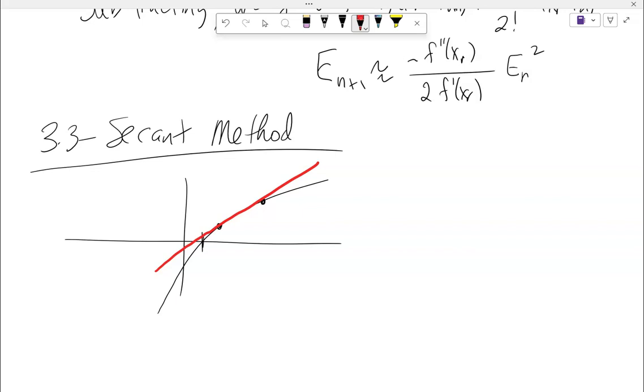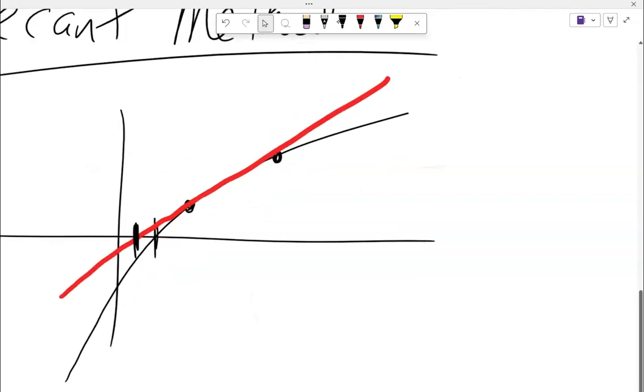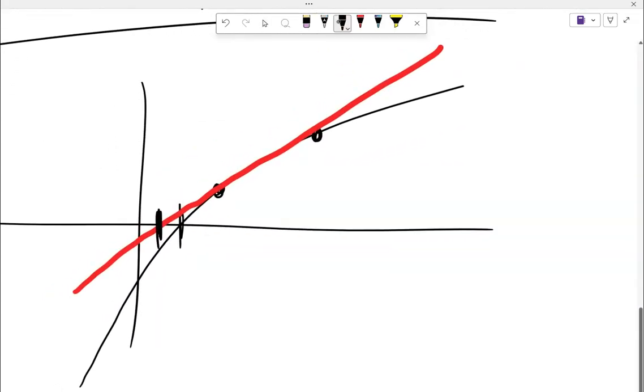And in fact, the formula we're going to use is going to look very, very similar to what we have for Newton's method. Now, how do you make your new guess? Well, it's the same idea. This line crosses the x-axis somewhere, right? So let's say, for argument's sake, this is your x1. Let's say this is your x2. This is your starting ones. This would be now your x3.